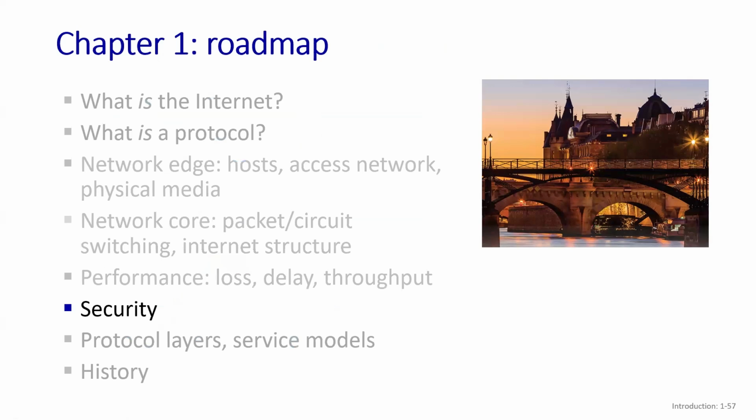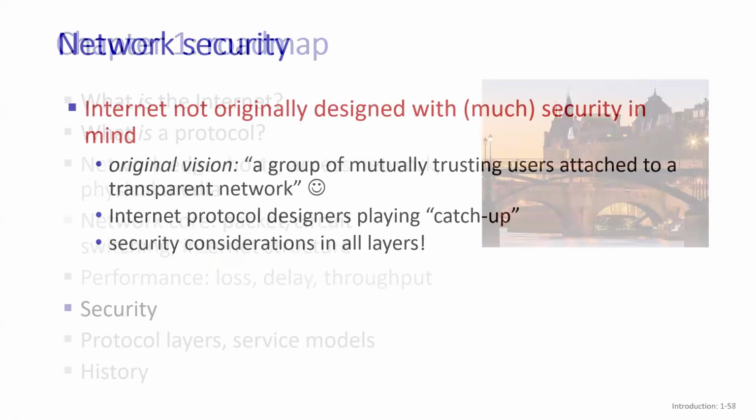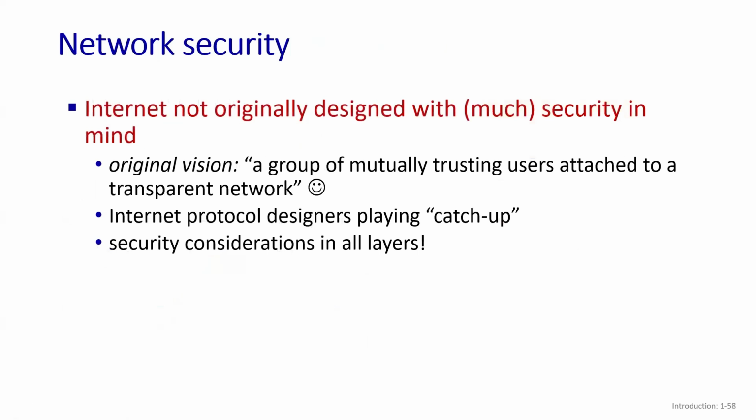So with this, we have discussed the performance issues on the network and the different types of delays. Now let's talk a little bit about security. You have to understand that the internet was originally designed with no security in mind. It basically means that all the protocols we designed are insecure protocols.